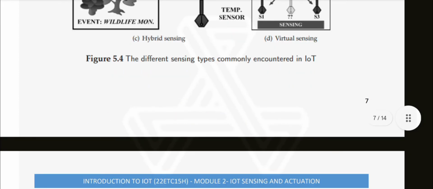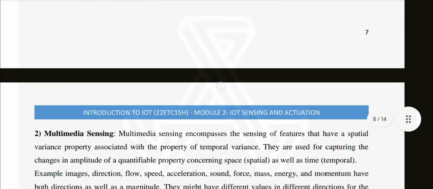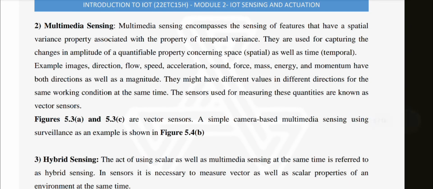Different sensing types commonly encountered in IoT. Multimedia sensing. Multimedia sensing encompasses the sensing of features that have a spatial variance property associated with the property of temporal variance. They are used for capturing changes in the amplitude of the quantifiable property concerning space, spatial, as well as time, temporal.